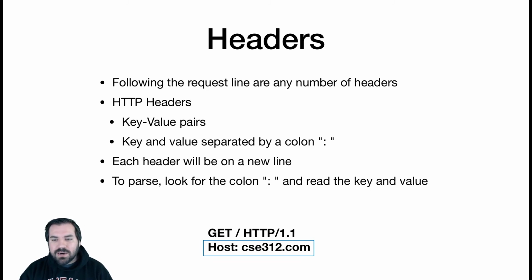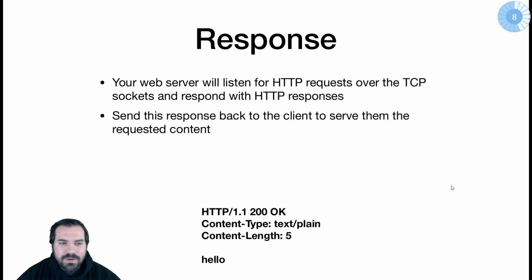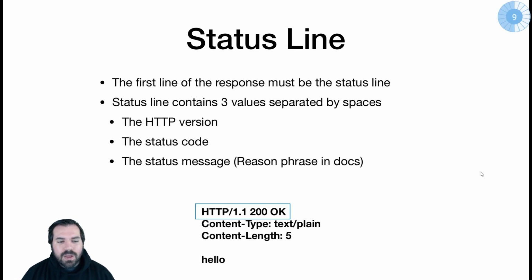Because when you start serving POST requests, you don't want to have to go back to your homework 1 code and update it all to say if GET, if GET, if GET. You want to be able to move right along without revisiting your old homework stuff. So that's the request parsing that you have to do. Find the first line, split on spaces, check the important values.